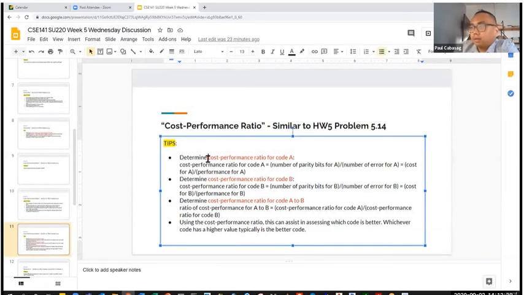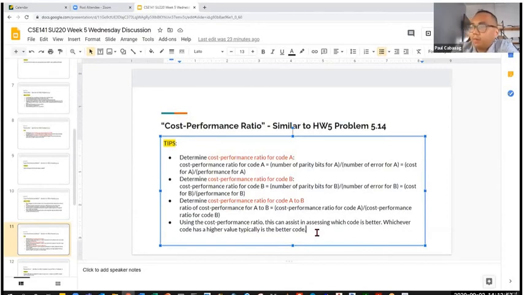So first of all, you're given code A, and this is just showing directly what I would do. So for this, you count the number of parity bits, divide it by the number of errors, and the same with B. And then you're going to see for the cost performance ratio, it's asking you which performance is better, or which code is better.